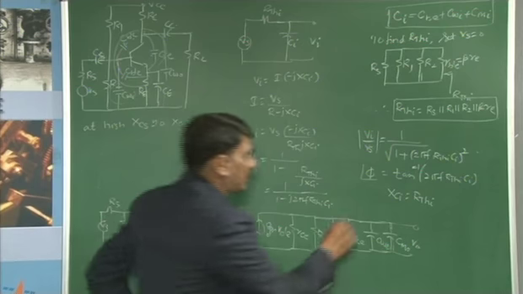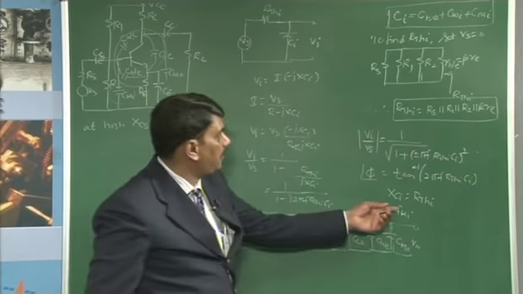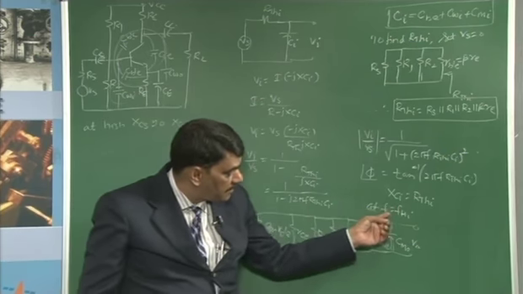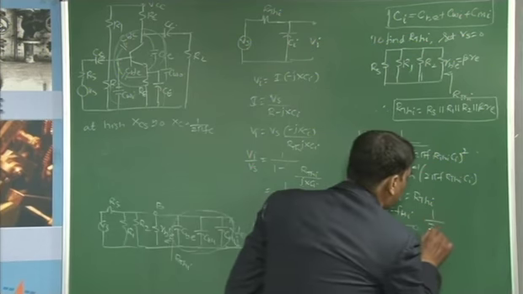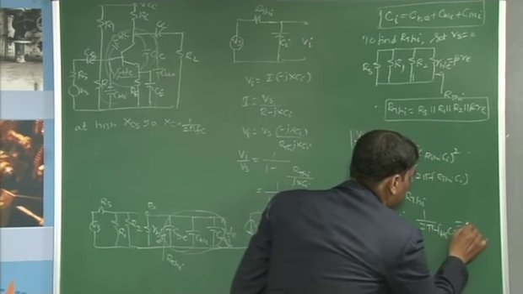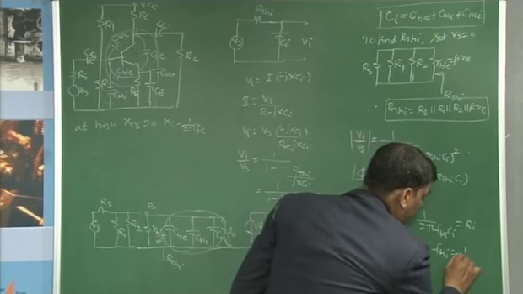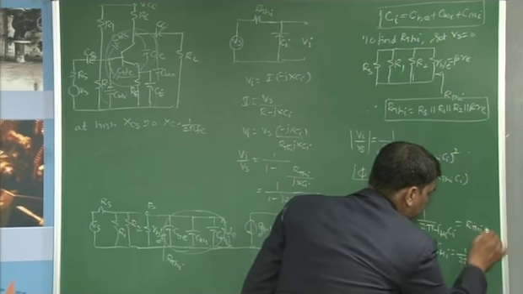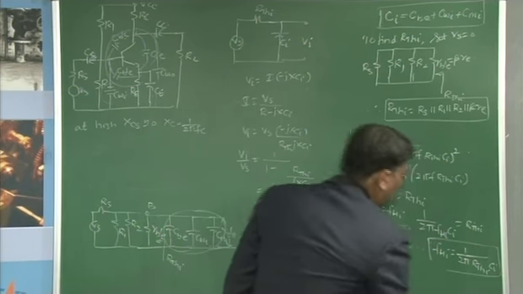Therefore, we have to define at f is equal to Fhi a particular frequency, at which the reactance is equal to RTHI, that is 1 by 2 pi Fhi into Ci is equal to RTHI. Therefore, we can say that Fhi is equal to 1 by 2 pi RTHI into Ci. This is the frequency.